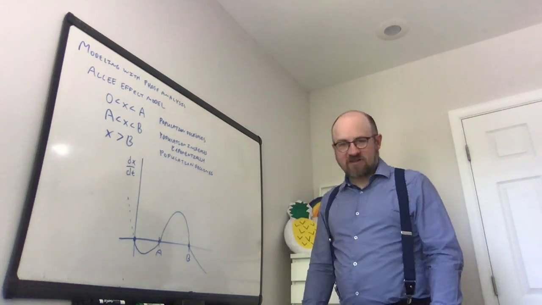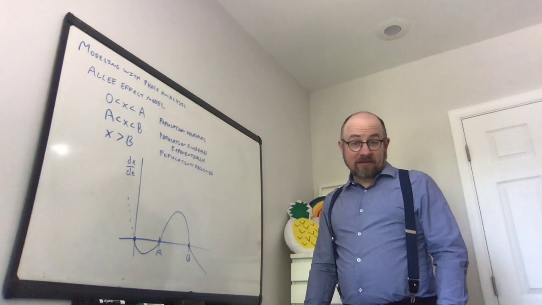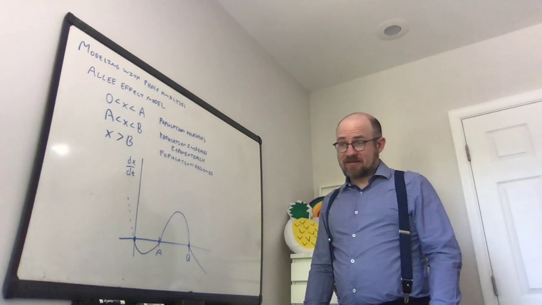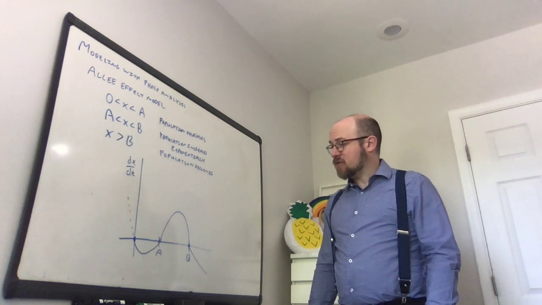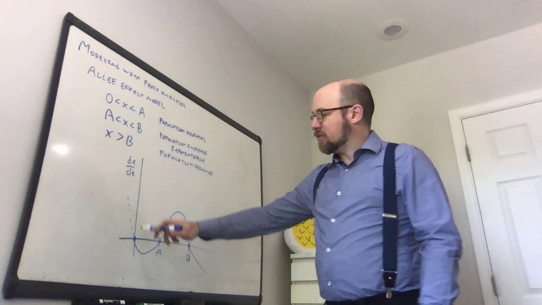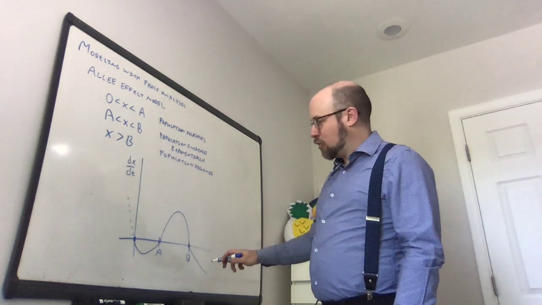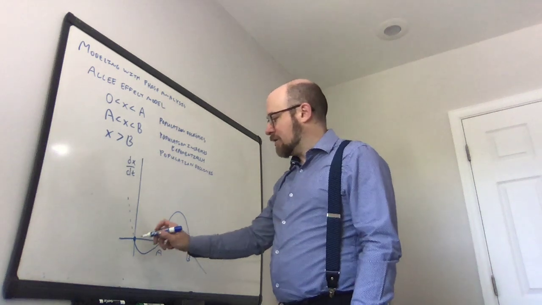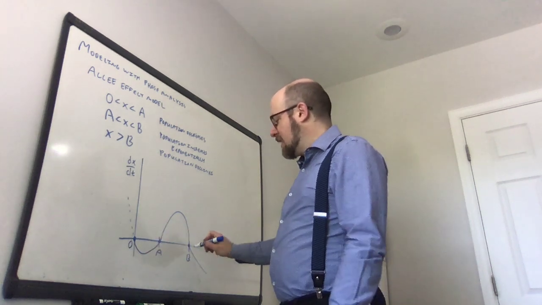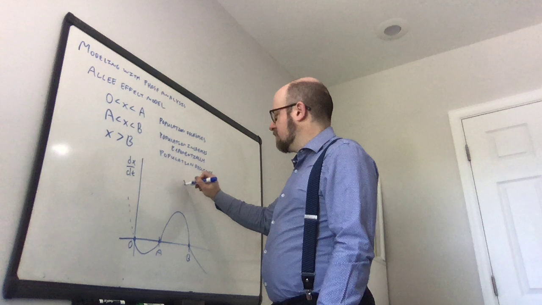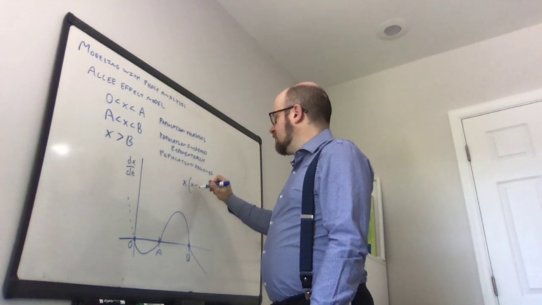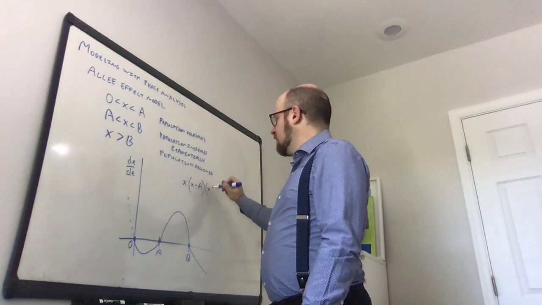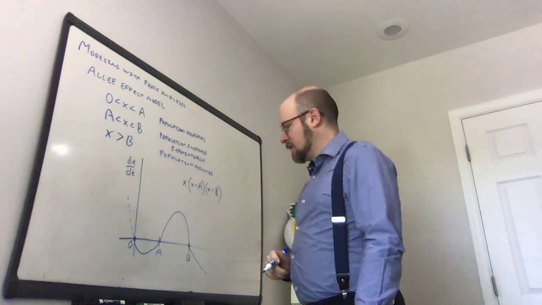Because you can tell what this function is, we can clearly set up a polynomial that does this, right? So if you think about finding a polynomial that fits this, this is a polynomial which has 3 roots. It's got a root at x equals 0, at x equals a and at x equals b. So x times (x minus a) times (x minus b), right?